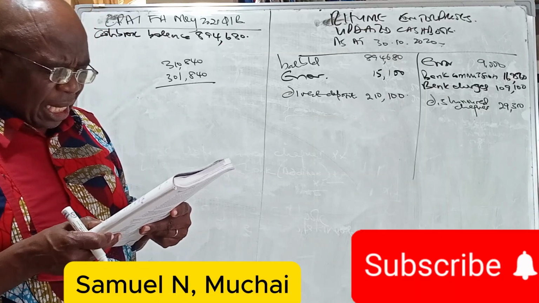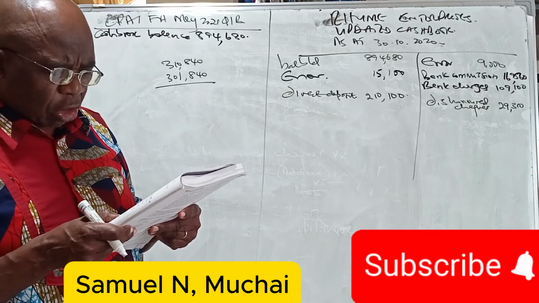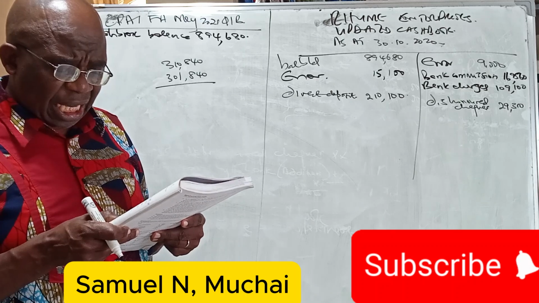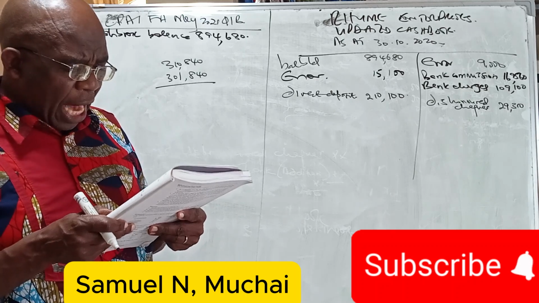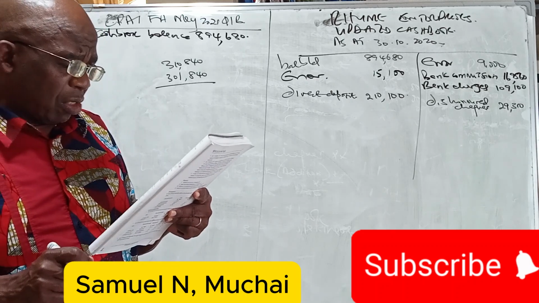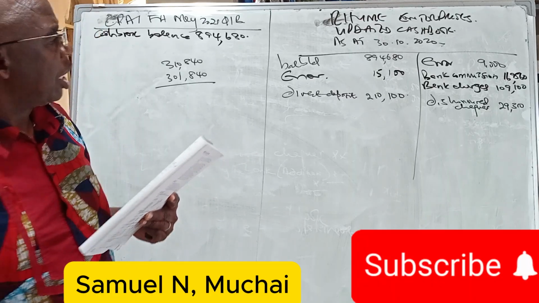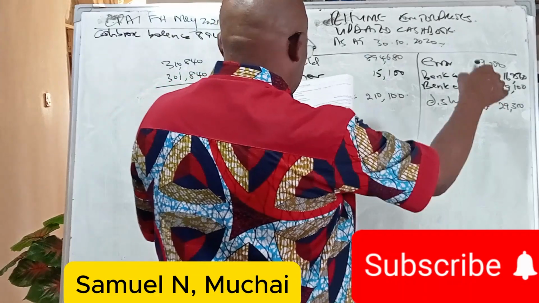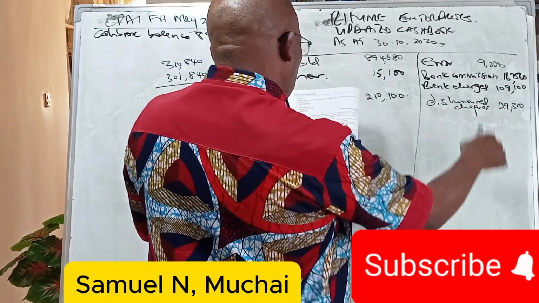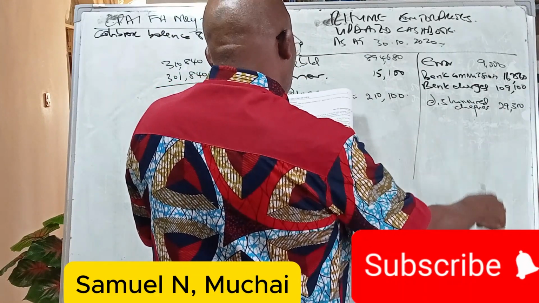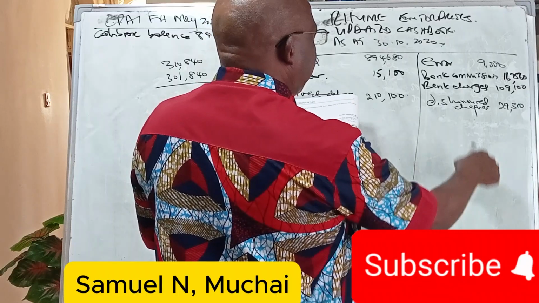Number 7, checks paid by Line Enterprises during October 2020 amounting to 398,500 were not presented to the bank until November 2020. So we paid the checks, and in the cash book, we reduced our cash balance with that amount.